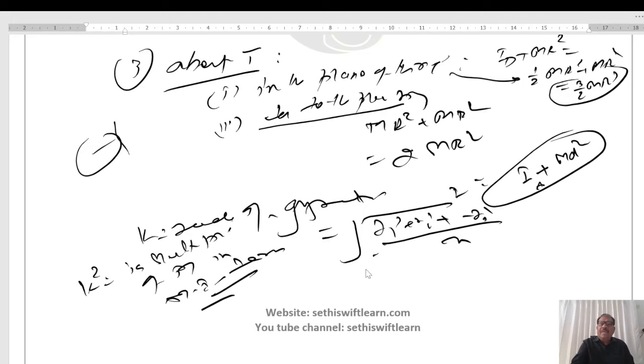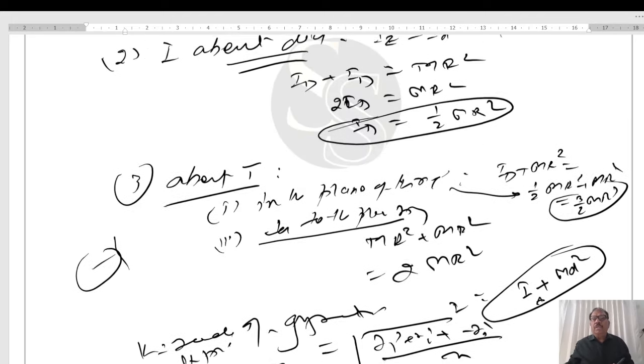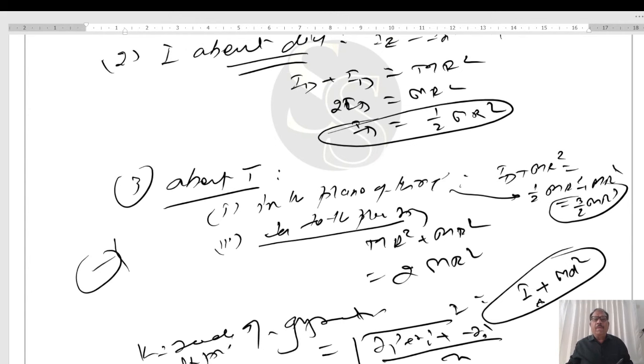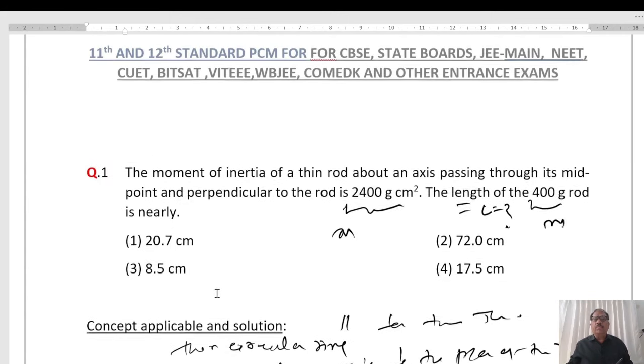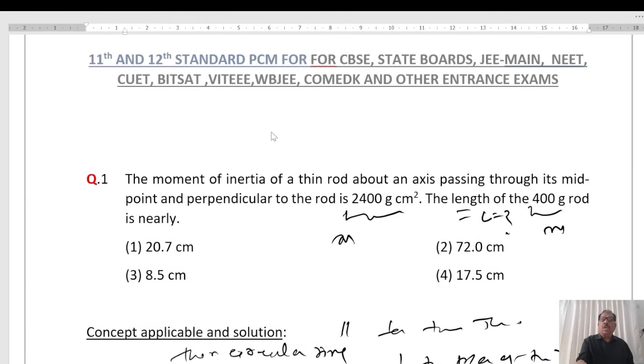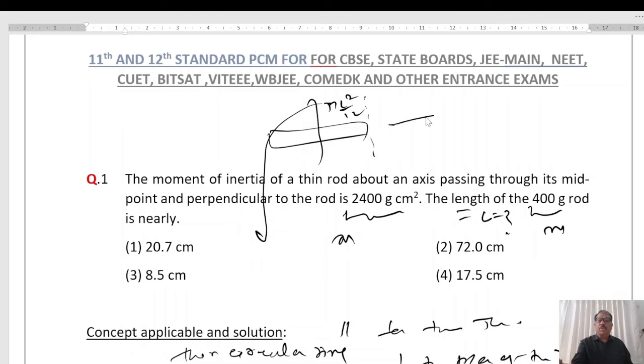Next, now we come to the question. This is ml square by 12. In this case, formula is applicable to this. If we have to find this and perpendicular to this, then ml square by 12 plus m l by 2 whole square.